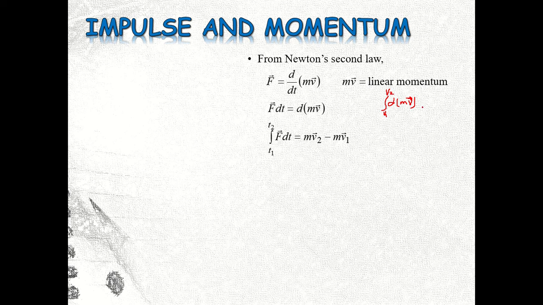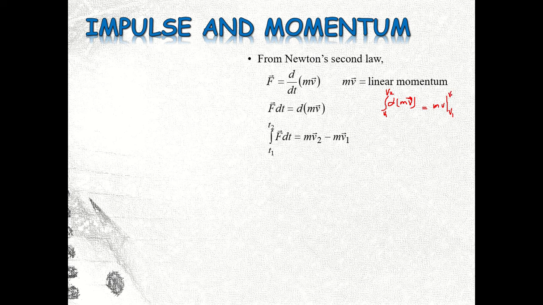Okay, so this gives us, this one is constant, so we have m times v, the limit from v1 to v2.